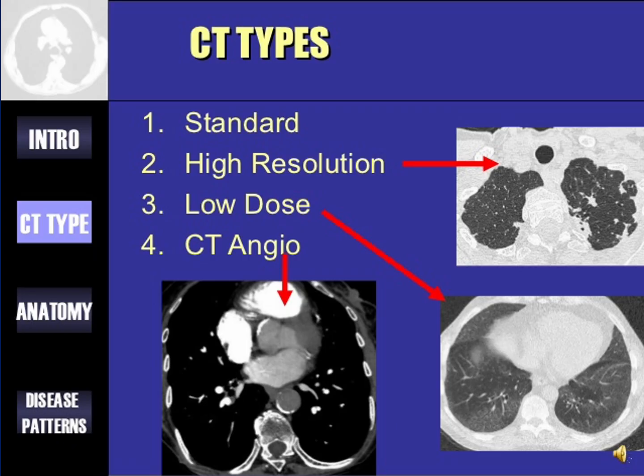There are several different types of CT scans. The standard that we talked about; a high-resolution CT scan, which makes much finer cuts so that disease process is much better visualized; a low-dose CT scan, which reduces the radiation dose and is used for lung cancer screening; and then the famous CT angiogram, where we inject contrast timed so that it passes through the different vessels that opacify with the contrast, and we have better visualization of occlusion of those vessels, mostly used in cases of pulmonary embolism.